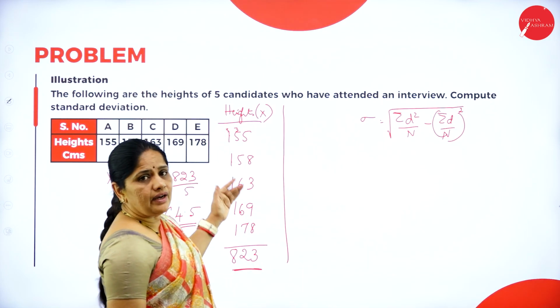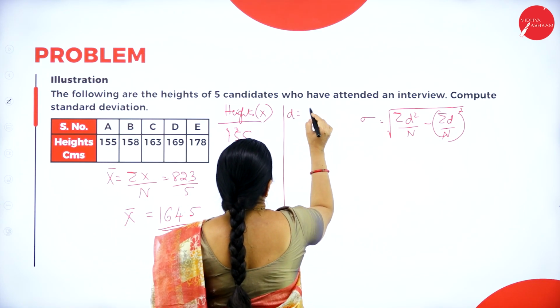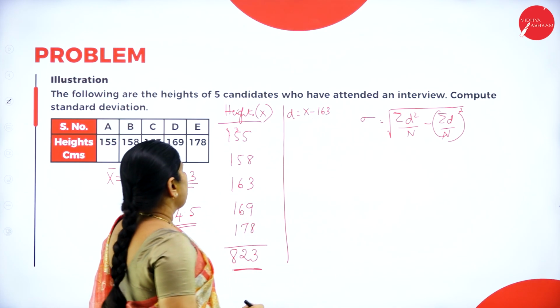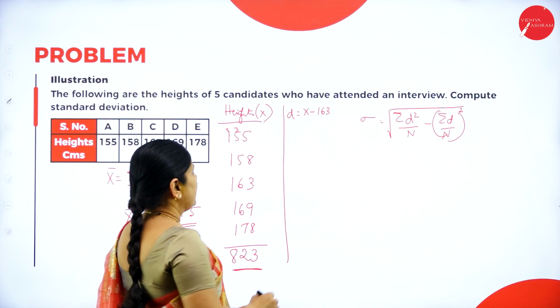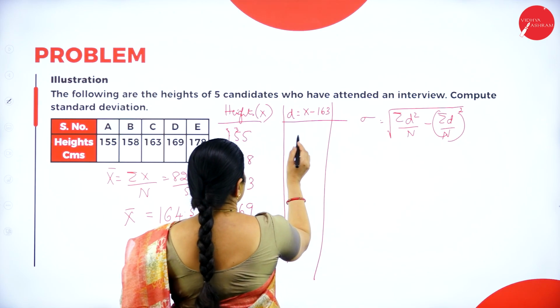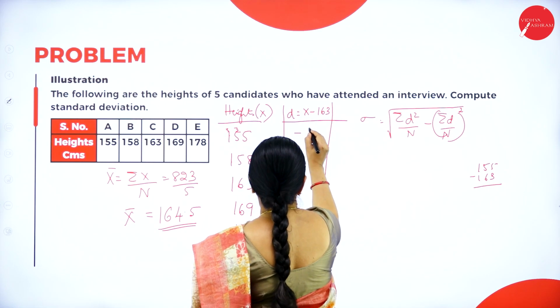Now we have the heights here. Now next I will calculate D. D will be equal to x minus 163. So I assume 163 as the assumed mean. So now I can write it as D equals x minus 163. So 155 minus 163.